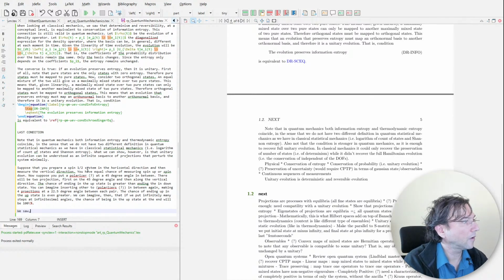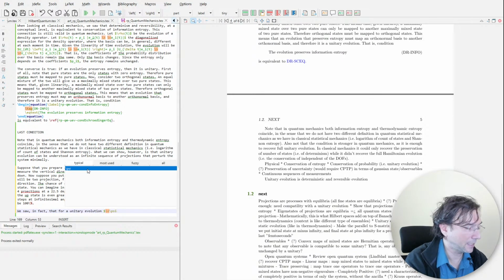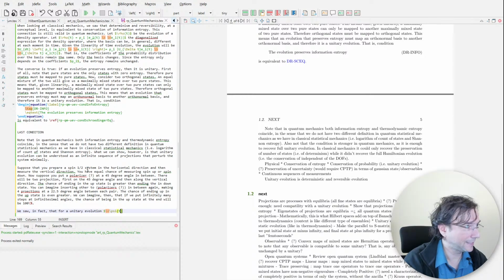We saw, in fact, that for a unitary evolution, the projection of psi of t plus dt on psi of t is equal to 1.